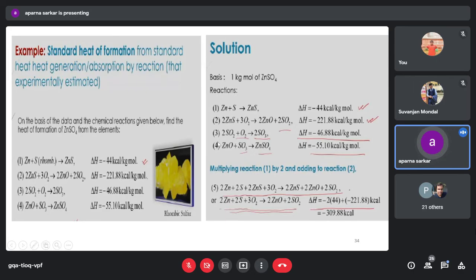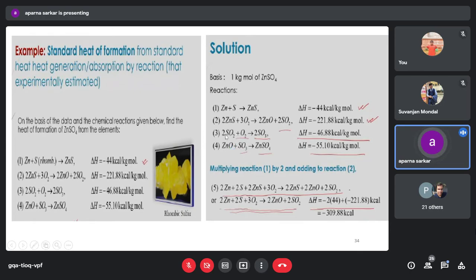Then you have to consider equation number 3 and 4. In equations 3 and 4, we have 2SO3 on the right side and 1SO3 on the left side of equation 4. Therefore, we need to multiply equation 4 with 2. Then we need to add.